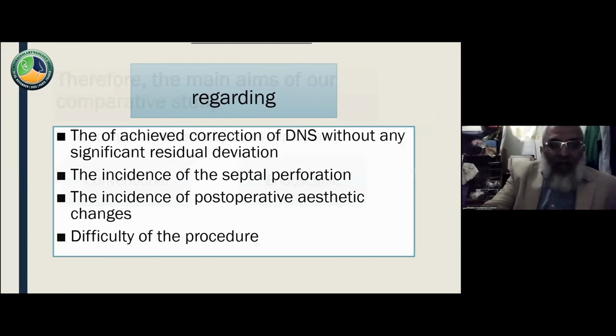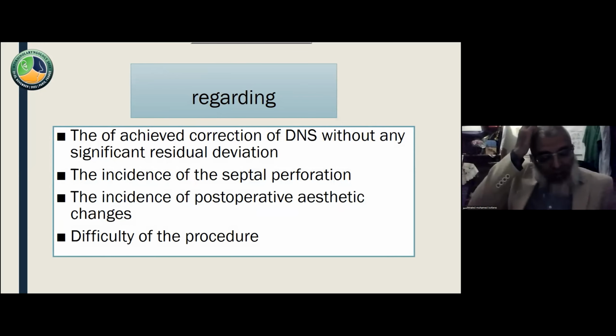This comparative study was done in relation to the achievement of the maximum correction of the deviation without significant residual deviation, in addition to the incidence of the worst post-operative complications of this procedure, which are septal perforation as well as post-operative aesthetic changes.